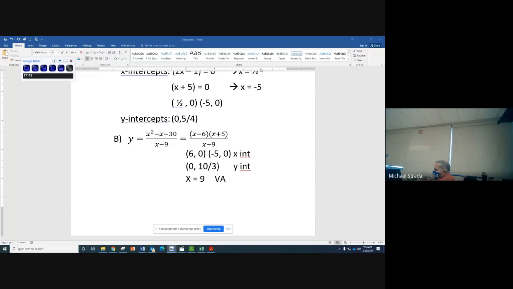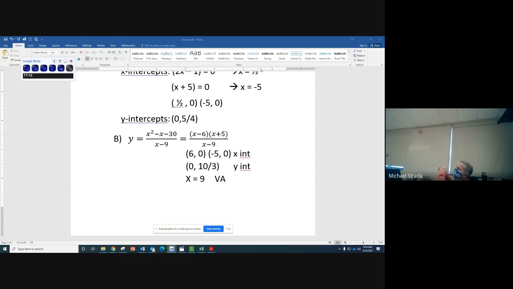You just gotta work backwards. Find the hole. You know what I'm saying? The hole is just what you cancel, right? And then you plug that number in. The x coordinate is the value, the y coordinate is what you get when you plug it into the simplified thing. Not the original, the simplified thing. To find the x-intercept, you make the numerator 0.